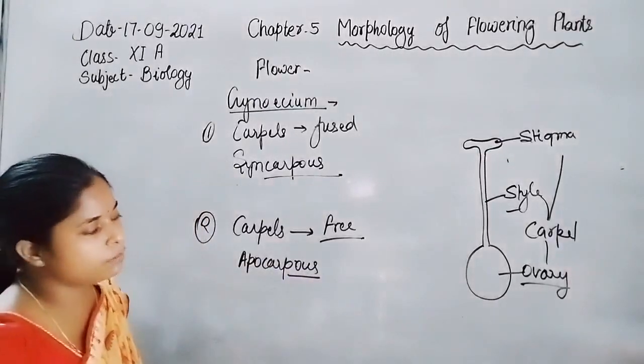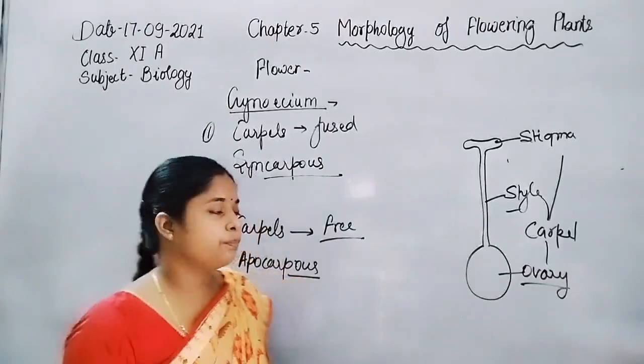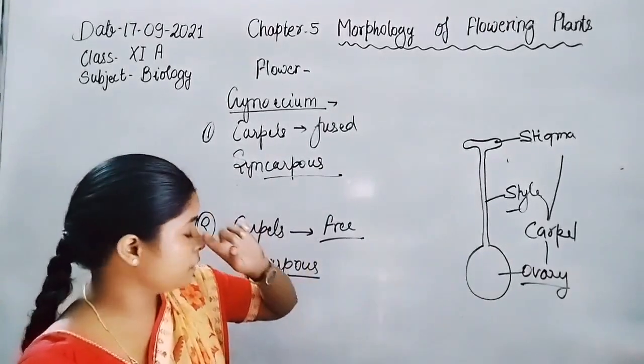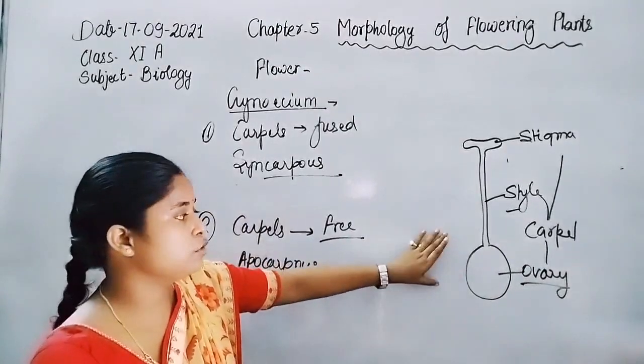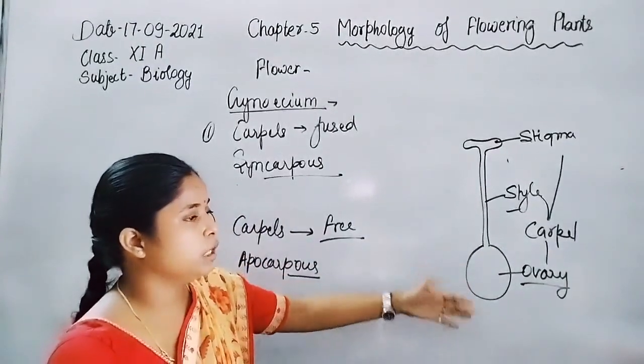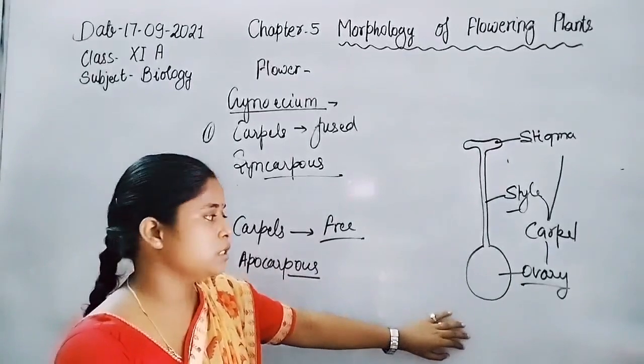On the basis of position, the gynoecium can be divided into two types: superior ovary, if the gynoecium is present above the other parts, that type of ovary is known as superior ovary.